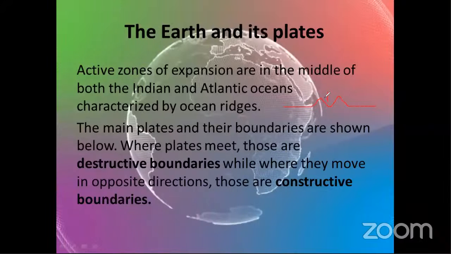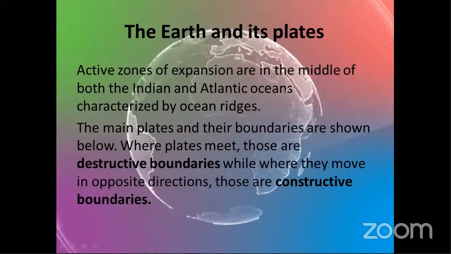These are what we call the mid-ocean ridges. There is the floor of the ocean, and then something like that is created. Like there is a valley within the floor of the ocean. Is that clear?